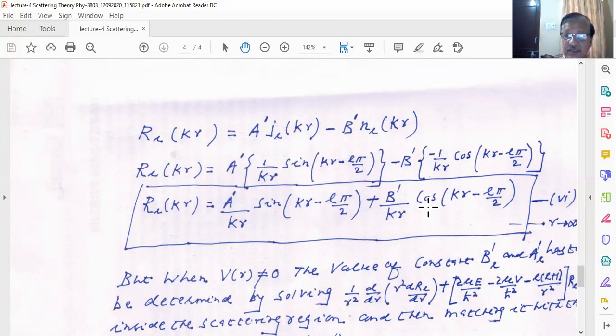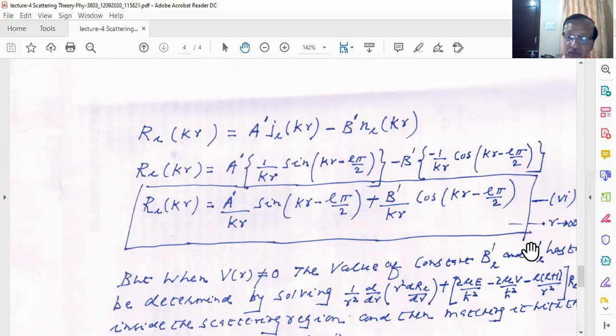So this is an exercise which I am giving you, that for r tends to 0, if you take the limit of N_l(kr), that is the Neumann function of order l, where the argument is kr, it will be an infinite function. It is having an infinity nature.